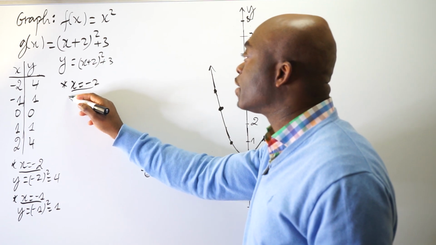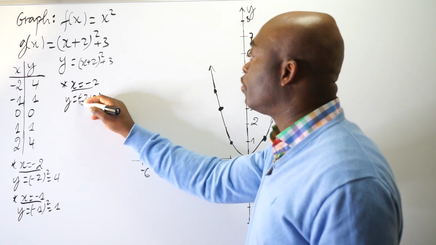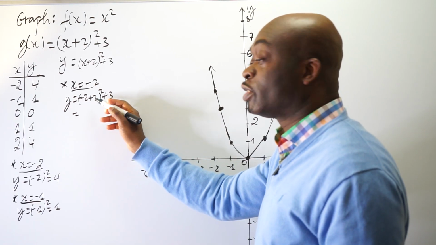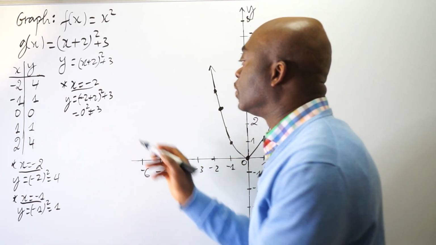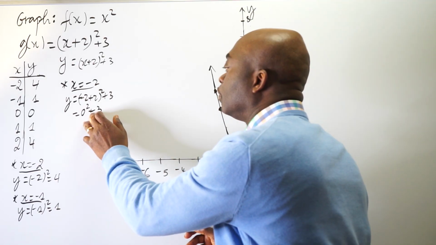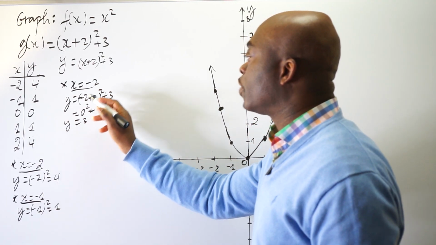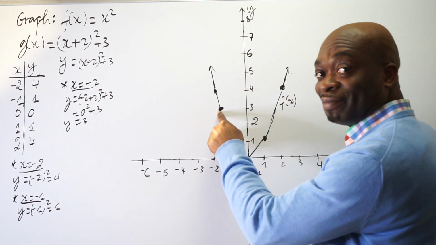Then y equals (-2 plus 2) raised to the second power plus 3. Negative 2 plus 2 is 0, and 0 to the second power plus 3 gives us 3. So if x equals -2, y is 3, and that's what we just got.